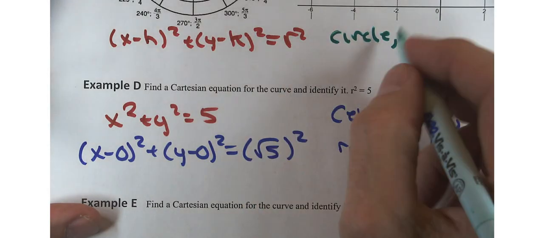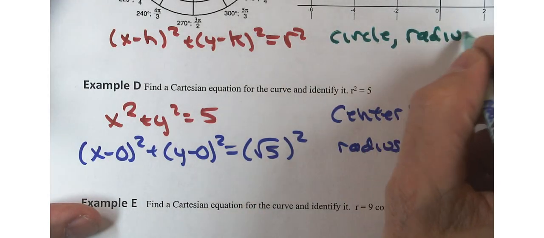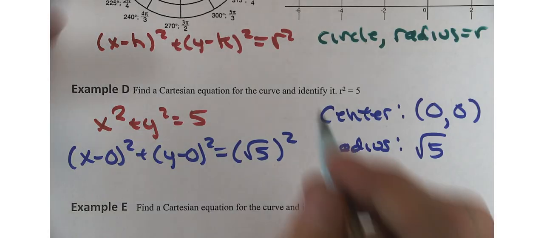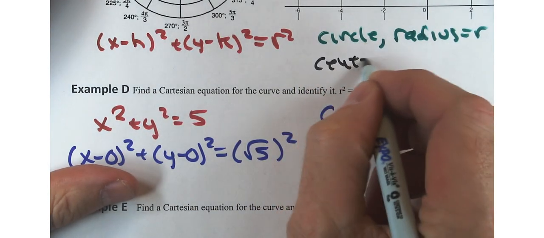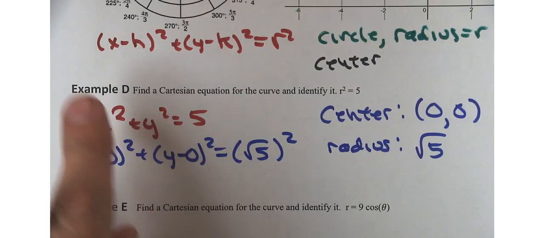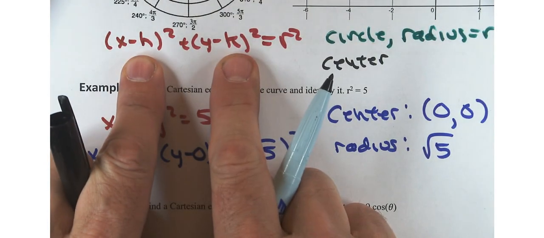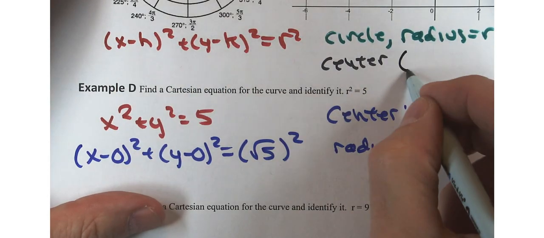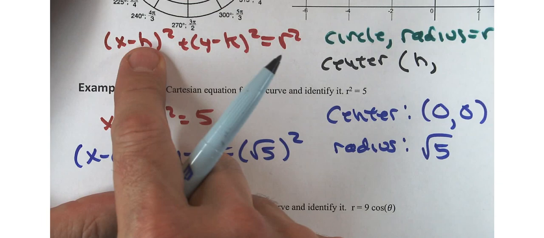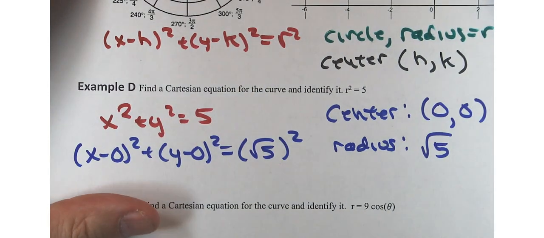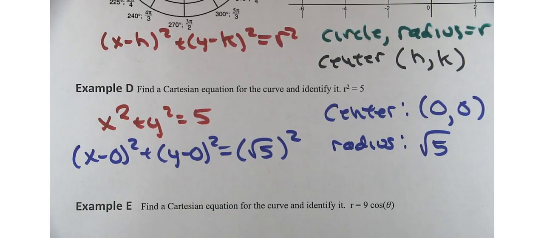So radius is going to equal r. What about the center? So we're going back to my comments to Alicia. The center is the values that make these squared terms equal to 0. So what makes the first term equal to 0? H. How about the second term? K. So h and k, those would be your coordinates of the center.